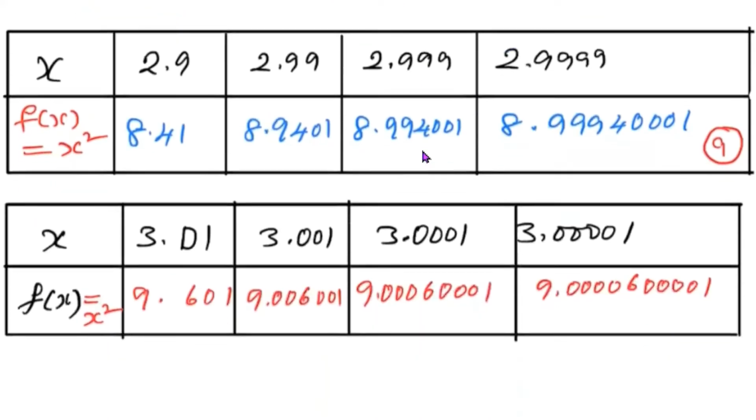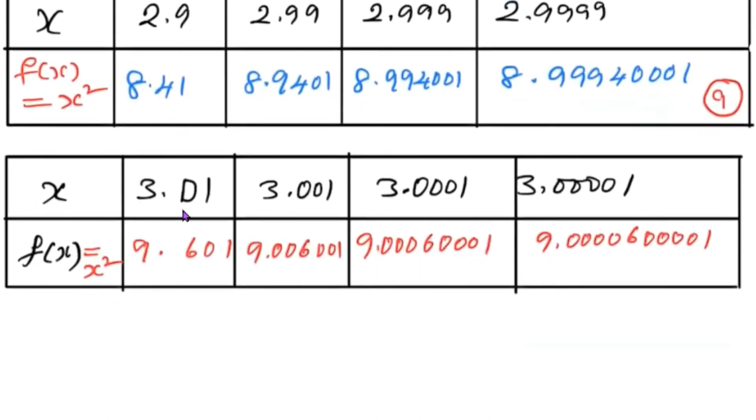Now suppose you take the values of x as 3.01, 3.001, 3.0001, 3.00001. That is approaching the value 3 from the right, that is through values which are greater than 3. The corresponding values of f of x equal to x squared are given here. Just look at this.